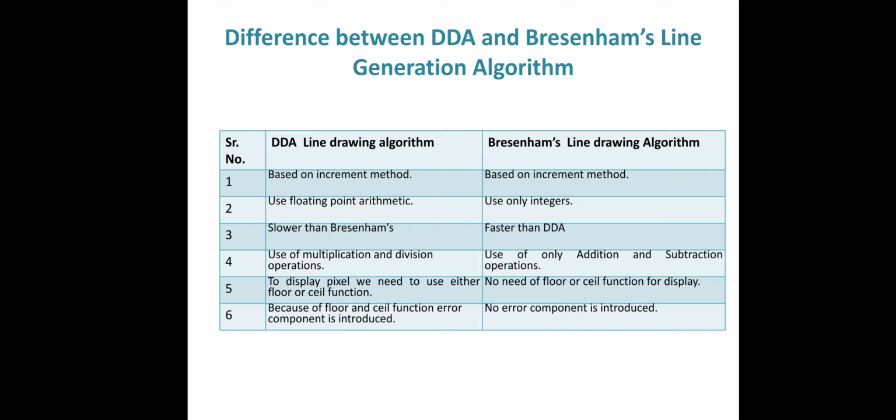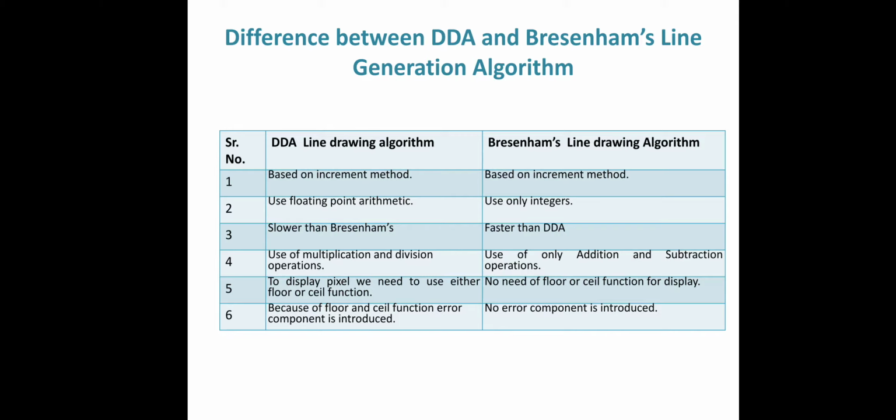DDA is also slower because along with floating point arithmetic we are performing multiplication and division, whereas in Bresenham's we are only doing addition and subtraction, no multiplication and division. That is why Bresenham's is faster than DDA.